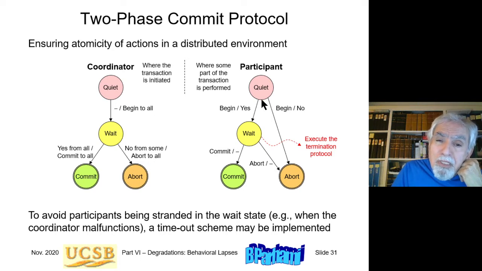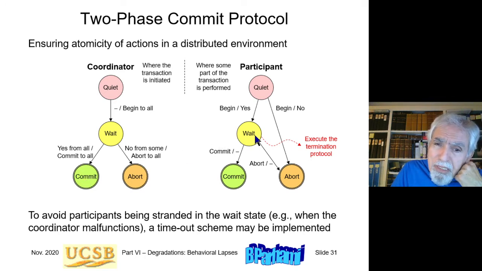Okay, so the other branch is when a participant says yes. It goes into a wait state and waits to see what happens. If all the participants say yes to beginning this transaction, then the coordinator sends commit to all, and it goes into the commit state itself.